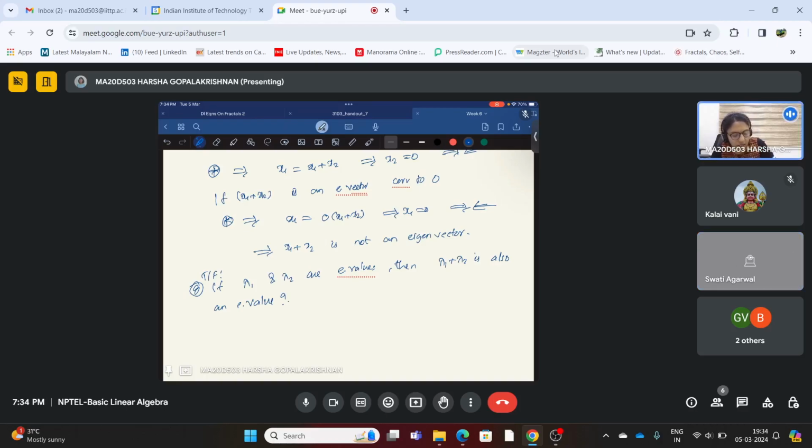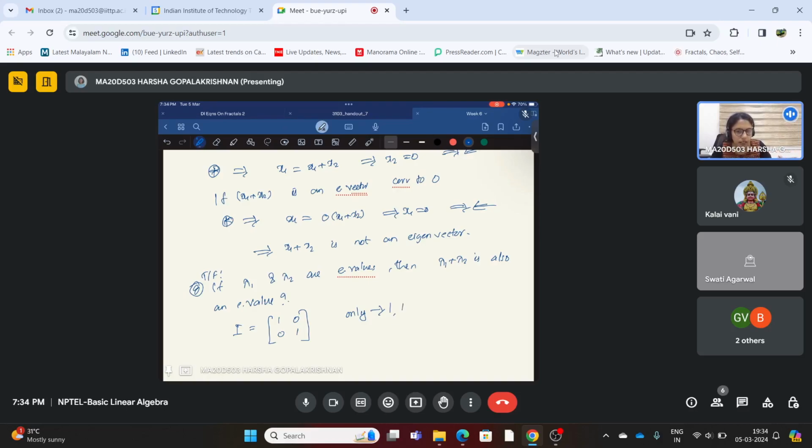For example, we can start with the identity itself, [1 0; 0 1]. What is the eigenvalue here? Eigenvalue 1 only, because it is a diagonal matrix, and as I told already, the diagonal entries are the eigenvalues. So 1 is an eigenvalue repeated 2 times.